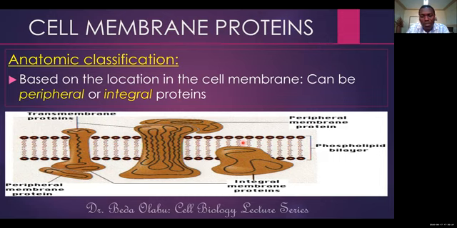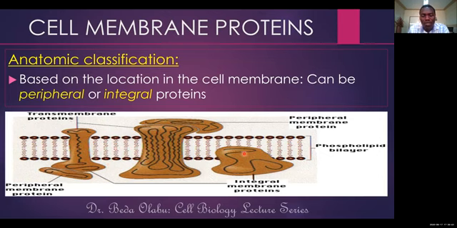There are some proteins which are within the membrane, like this one and this one. At least part of them is within the membrane. Such proteins are termed integral proteins. Among the integral proteins, there are those proteins which actually go through the whole membrane, like that and that.